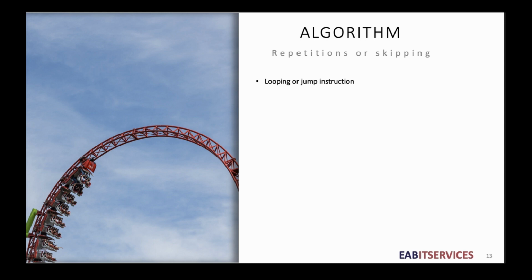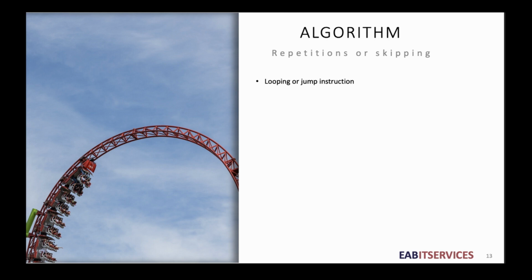This is because you may meet a statement that will tell you to jump and go back to a previous statement and execute it again until a certain condition is met. As you move back to that particular statement until you get that result, you are repeating a series of sequence, and we call this looping or jumping an instruction.